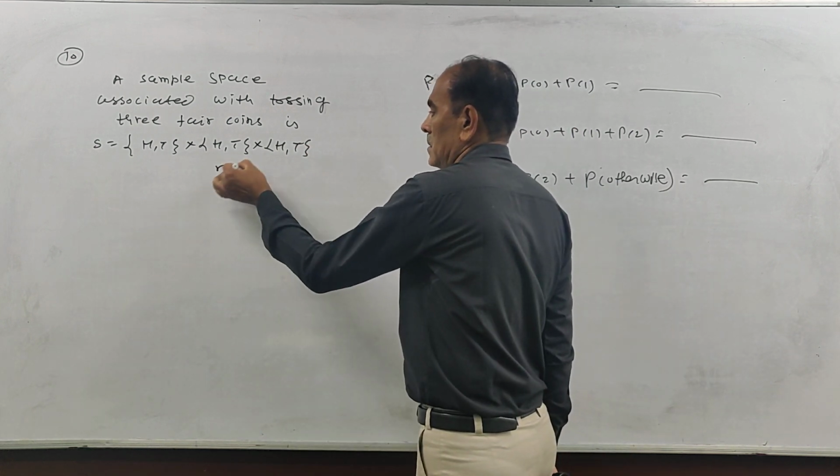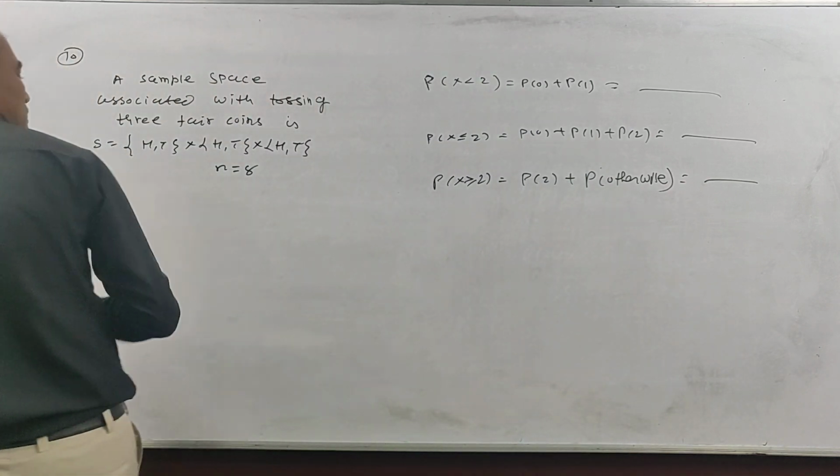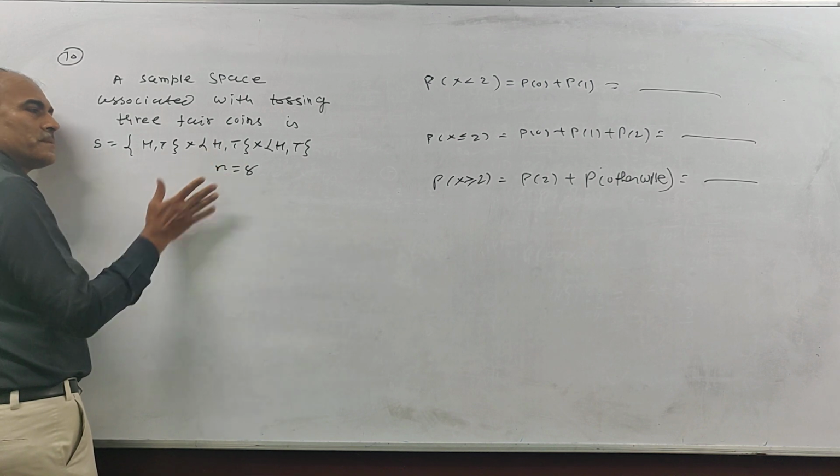What is n? n is equal to 8. You can write it in that order also, you can list it in this way also, no problem.